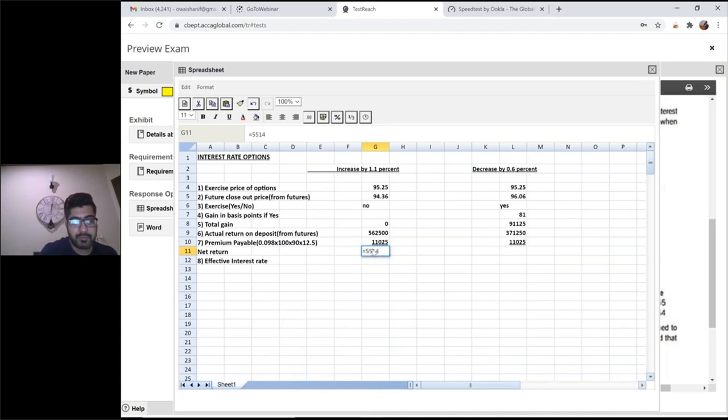Premium has to be paid, reduces return, deducted, but gain increases return, therefore added. So finally, 371250 minus 11025 plus 91125. It's 451350.